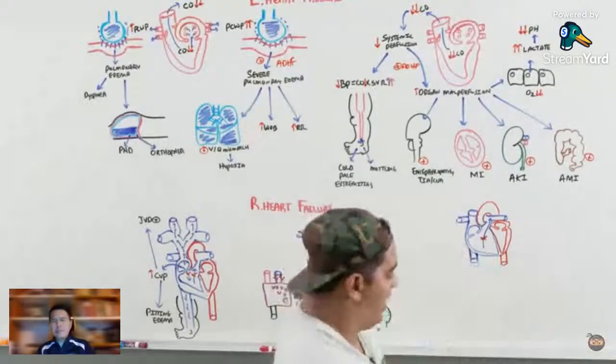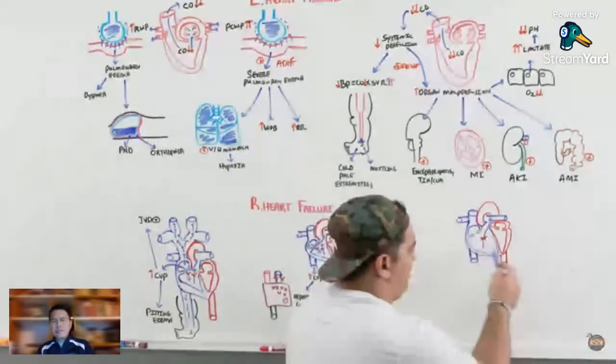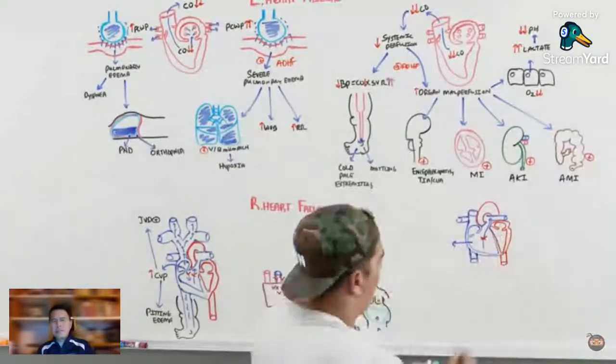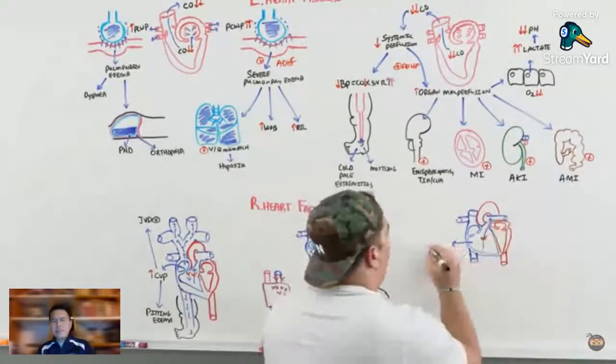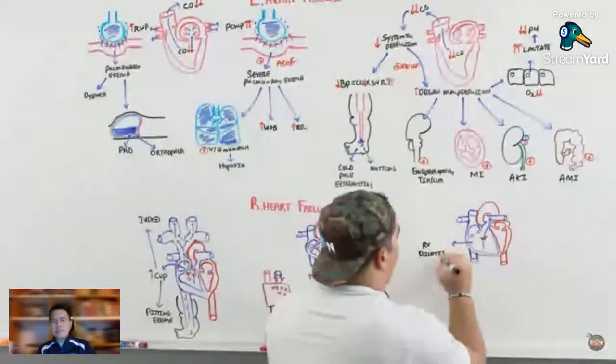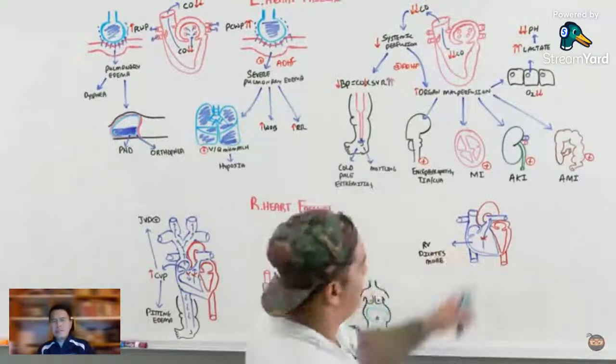If it becomes super dilated, maybe it can't fill properly or it just can't get blood out of the heart. When that happens, the right ventricle dilates even more. So if it's dilated before, it dilates more. All right? So now this sucker is huge.